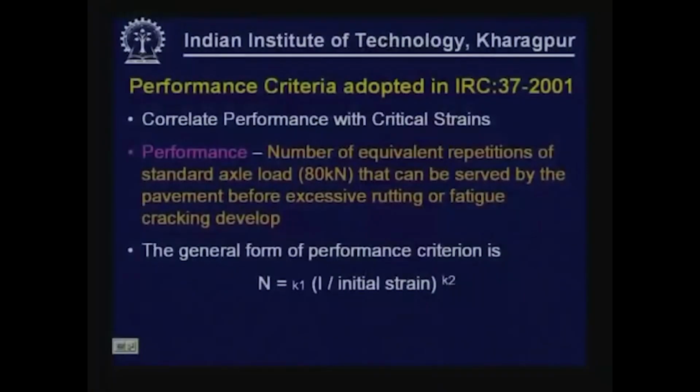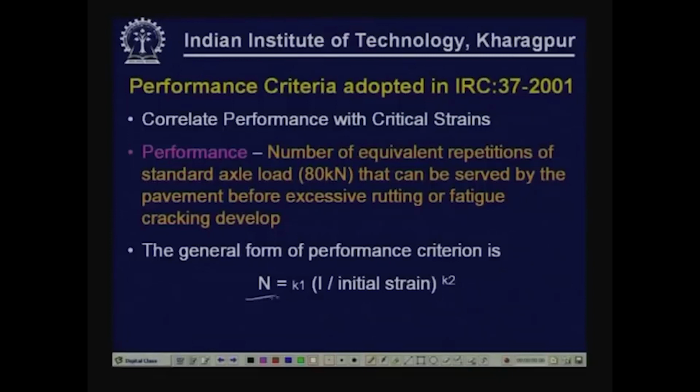Performance is nothing but the number of equivalent repetitions of standard axle load that can be served by the pavement before excessive rutting or fatigue cracking develops. So, performance is explained in terms of number of repetitions that the pavement can serve satisfactorily without excessive rutting or fatigue cracking developing. The general form of performance criterion is given as N, the number of repetitions that will be served by the pavement satisfactorily, as a function of initial strain.